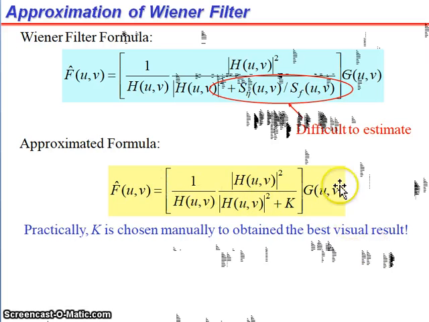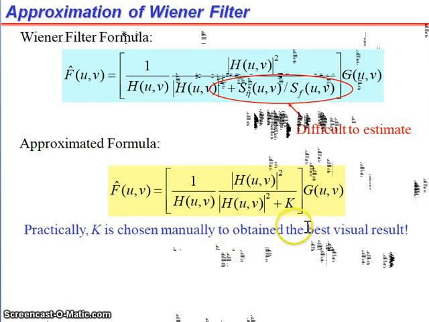So take this transfer function as the restoration filter, put in different K values, and check the output. For whichever value of K you get the better result, fix that value as K.